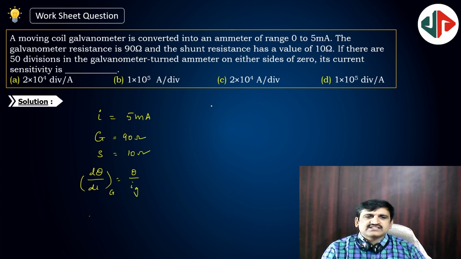But Ig, we have S is equal to G by n minus 1.